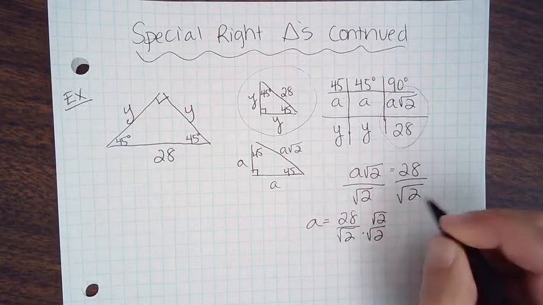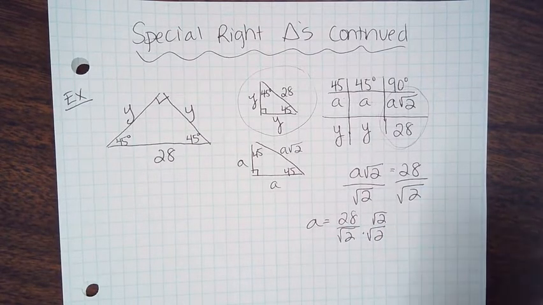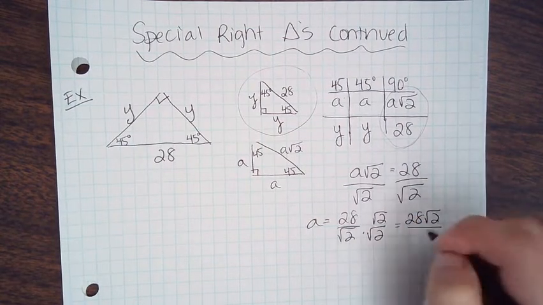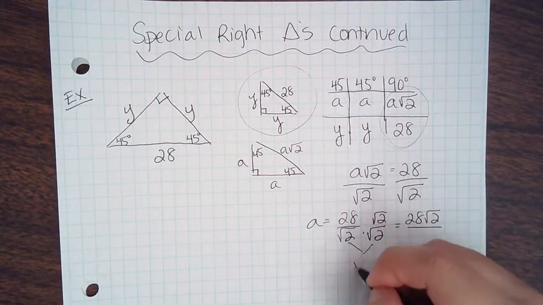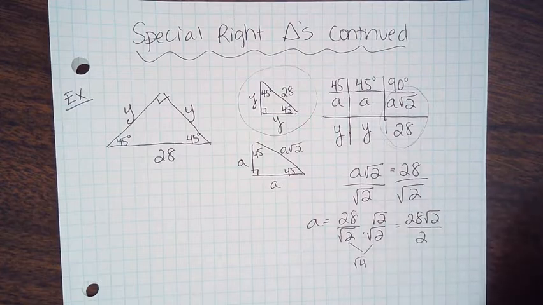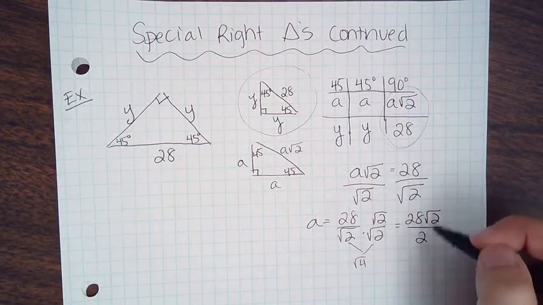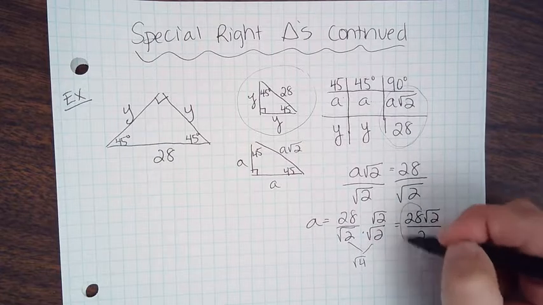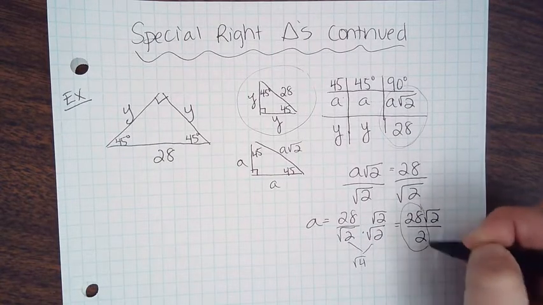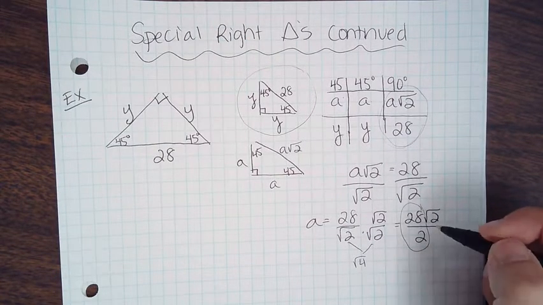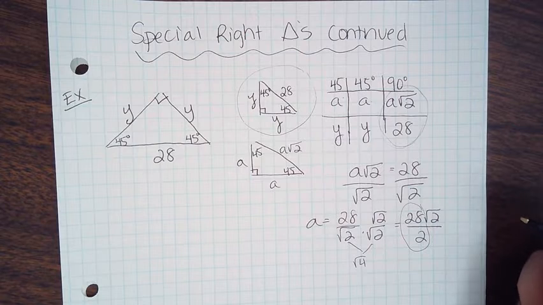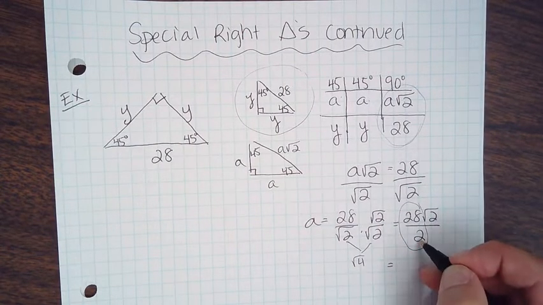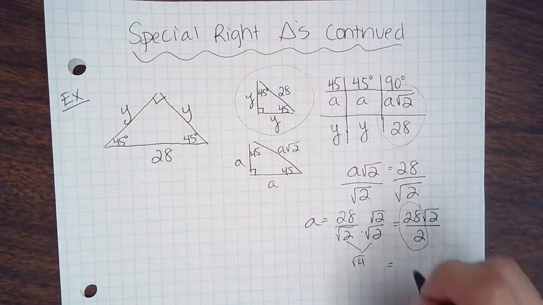I'm going to multiply the top and the bottom by the root that I want to get rid of. So I get 28 root 2 over root 4, which is the same as 2. And then if I look at this, remember you simplify outside of the square root and inside. My inside simplified, but 28 divided by 2 can simplify evenly. So 28 divided by 2 is going to be 14.